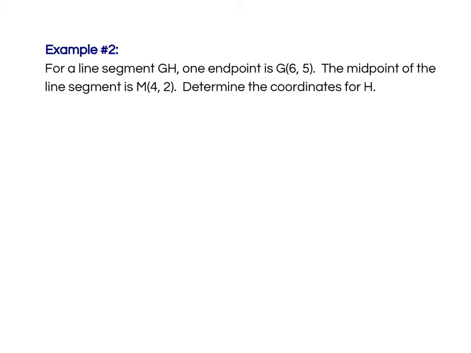So, I know the midpoint is at 4 and 2, and the endpoint is, so I'm going to just mock up this line just to help you visualize. So they're giving us the midpoint, which is at 4 and 2, and the endpoint, so I'm going to call this end G, and I'm going to call this end H, and we have 6 and 5.